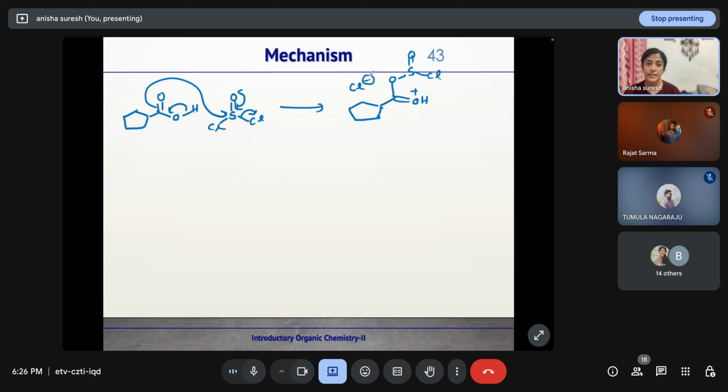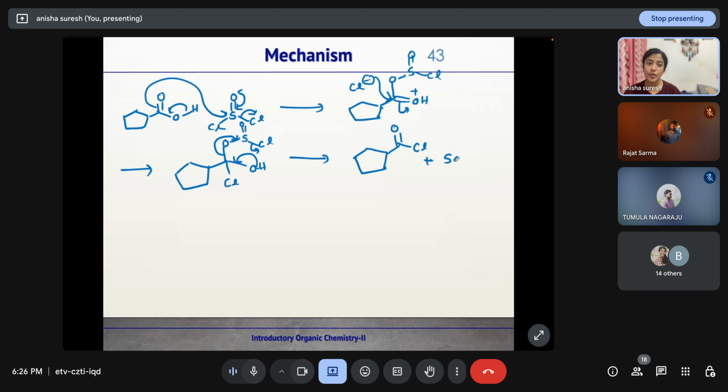Now Cl minus will add onto this carbonyl carbon, leading to formation of an intermediate. Once the lone pair on oxygen falls, it will lead to formation of this acyl chloride along with removal of SO2 and HCl. So this is how acyl chloride is forming.